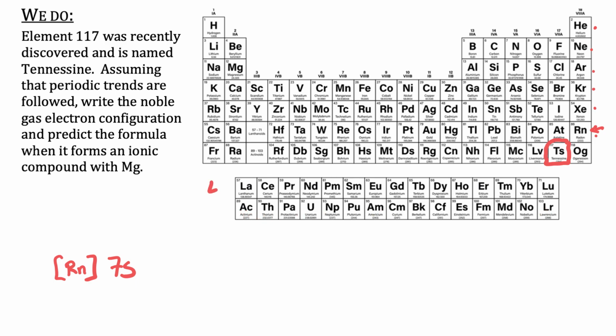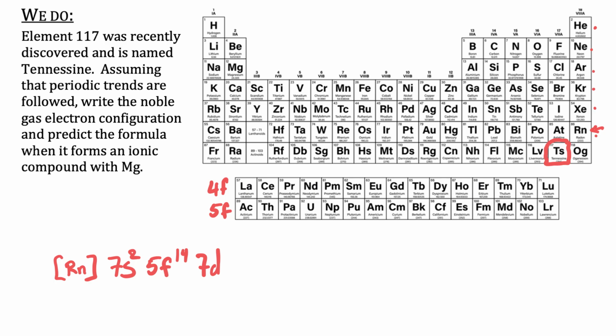And remember this is 4f and 5f, so after 7s2 comes 5f, and since tennessine is not in the F block, we know that that's going to be completely full. And then as we're progressing toward tennessine, we have to go through the D block. And so remember, the D block is the period number -1.